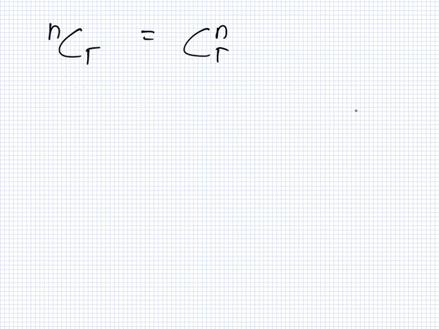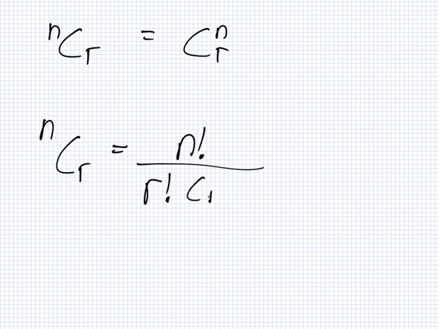Now, what is the definition of this function? So, if you have nCr, that is simply n factorial over r factorial times n minus r factorial. Let me give you an example. Let's say I have 5C2.